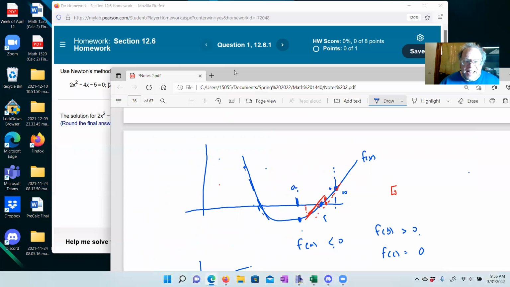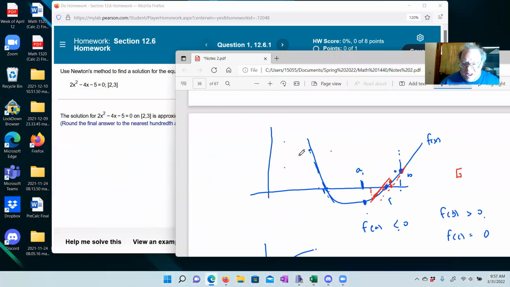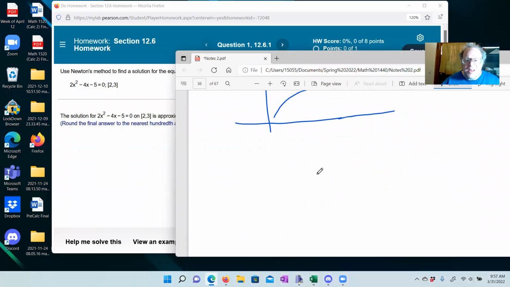Okay, so let's figure out what is a close zero for this. Here we have a function: 2x squared minus 4x minus 5 equals 0 on the interval, and they're telling us it's going to happen somewhere between 2 and 3. Normally, pick easy numbers.